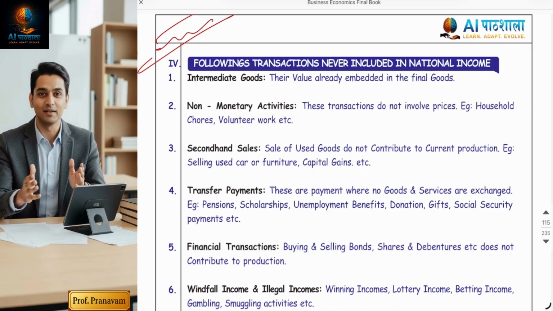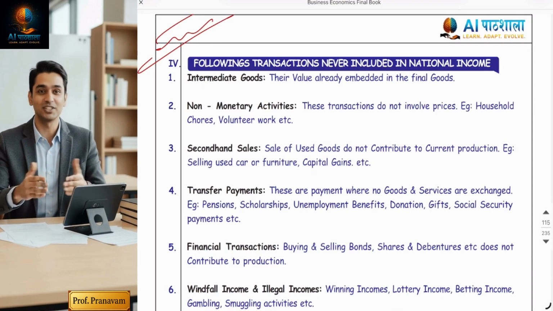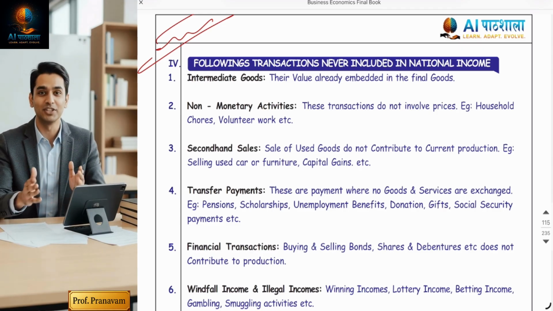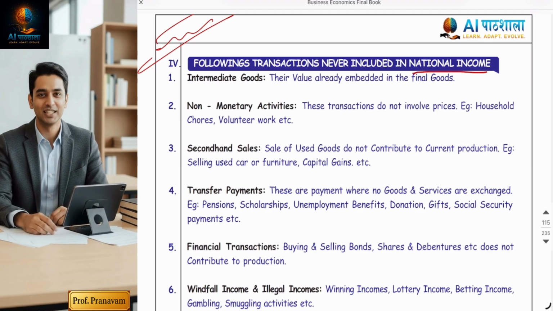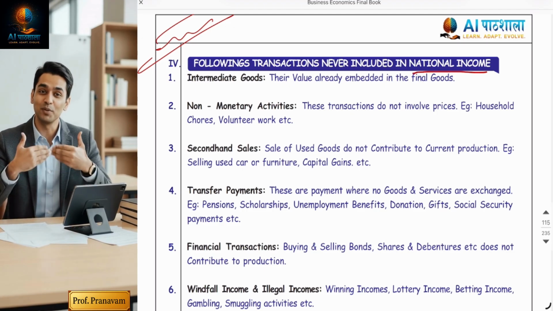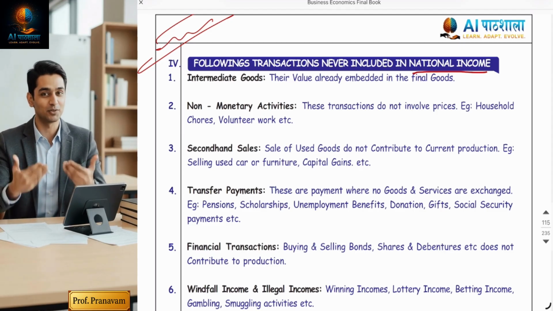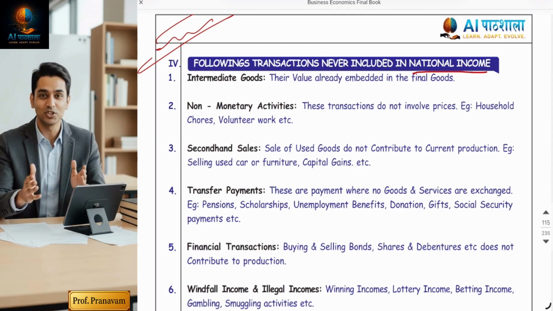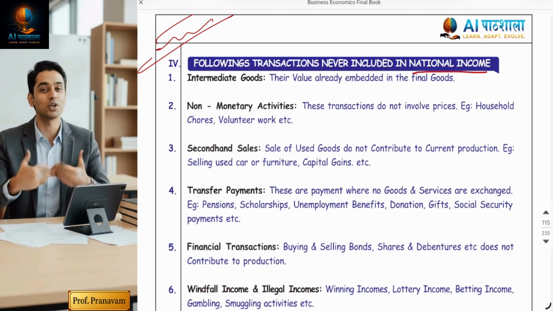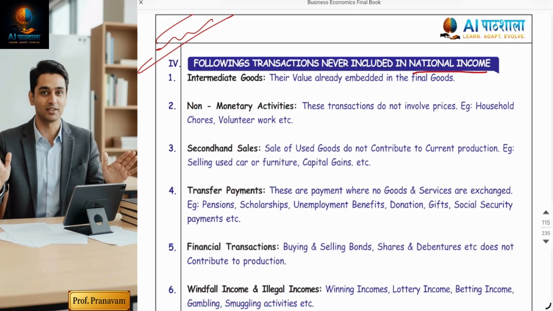Now the next topic is we should understand which transactions should not be included while calculating national income. The following transactions are never included in calculating national income. Why are these transactions excluded? First, you should understand that they are not payments for the current production of goods and services.